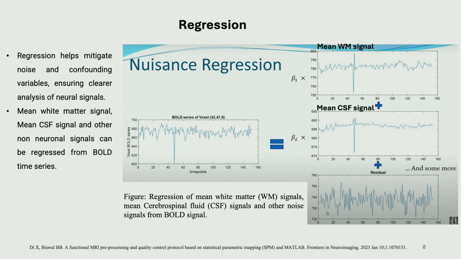Many people have used, for example, the mean white matter signal or the mean CSF signal or the global signal. Again, depending on the hypothesis, you can or should not use one versus the other.